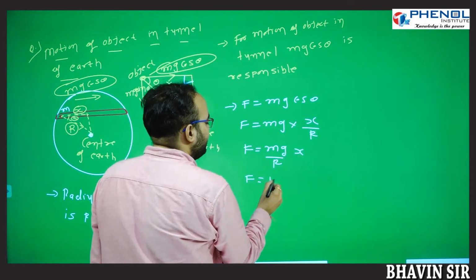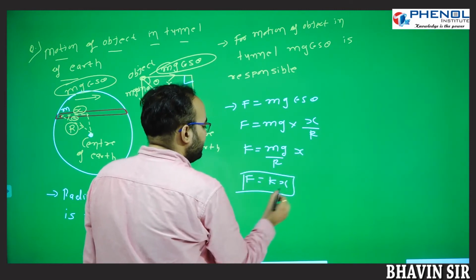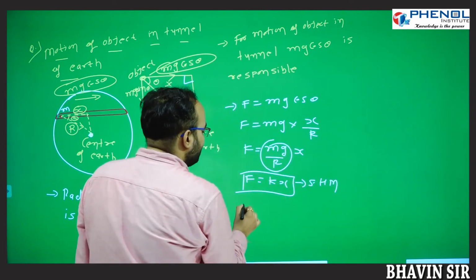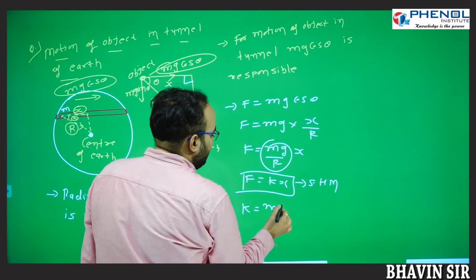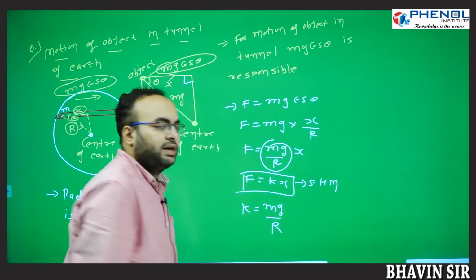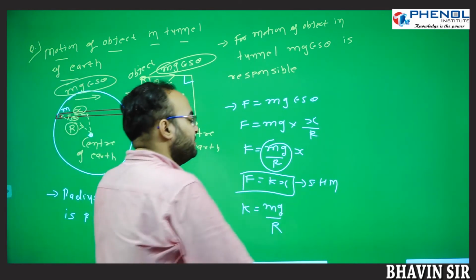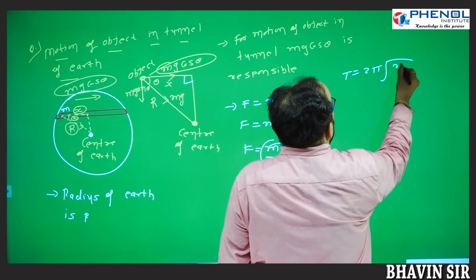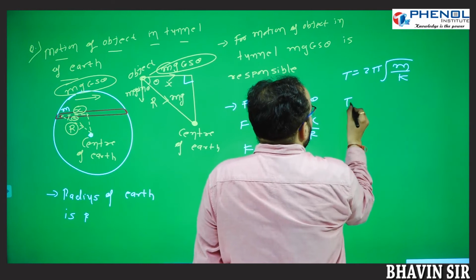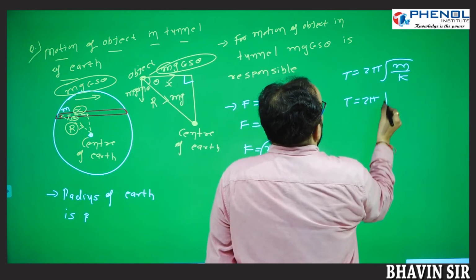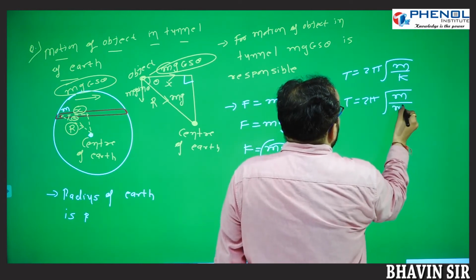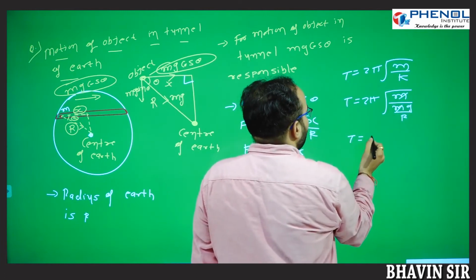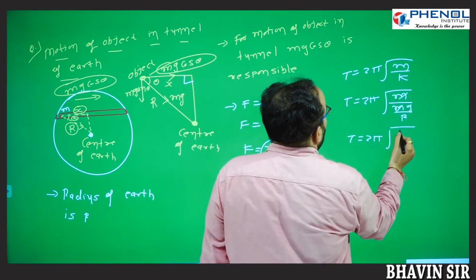So F equals kx, so see that the motion is SHM. What is the constant k? mg upon r. And the time period is 2 pi under root m by k. What is k? mg upon r. So what is the time period?